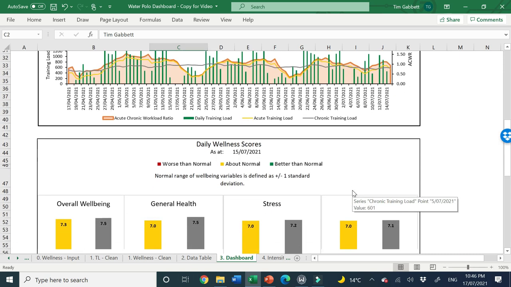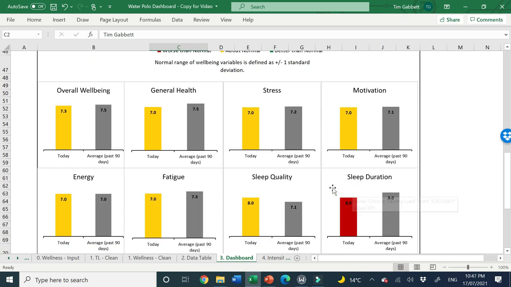And importantly, I can look at a number of different well-being measures relative to myself. So you can see here that I've got slightly less sleep duration last night in comparison to the last 90 days, but everything else is around about average.